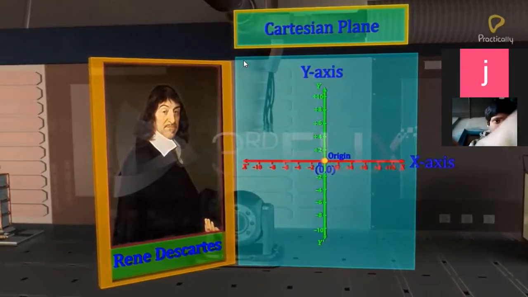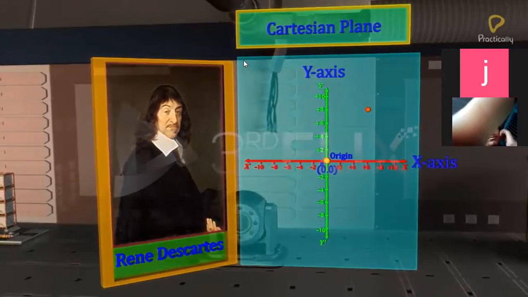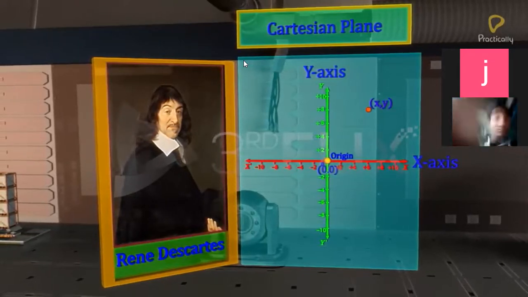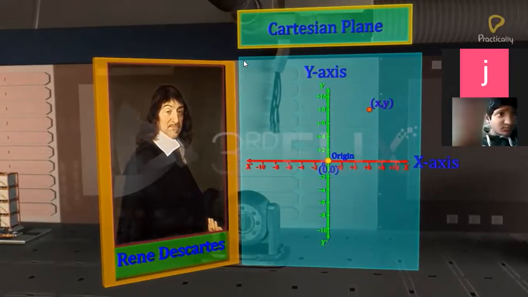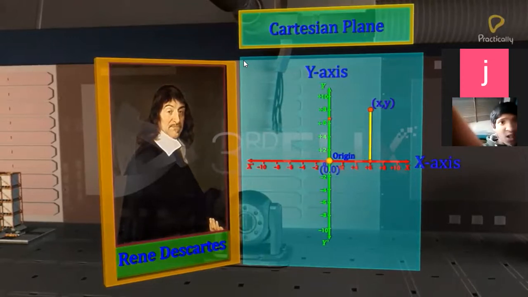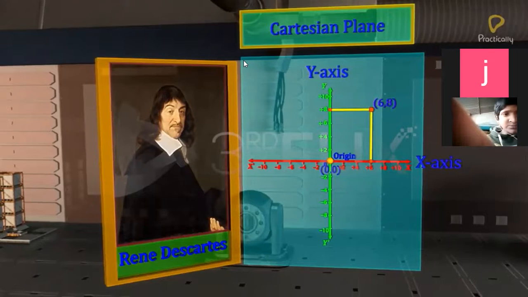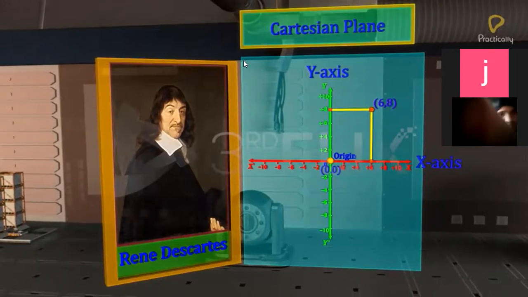When you must locate a point on the plane, it is determined by a set of two numbers. First, you must write its location on the x-axis, followed by its location on the y-axis. Together, the two will determine a single and unique position on the plane.